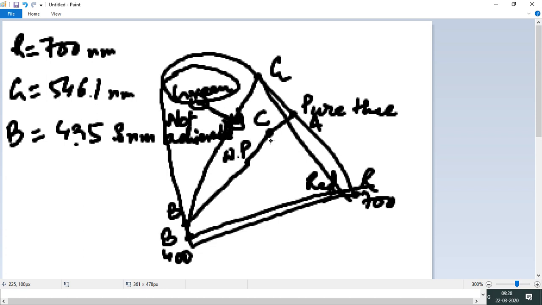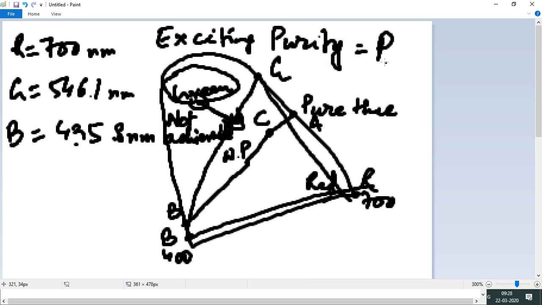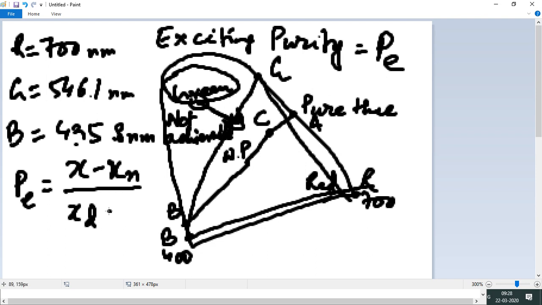This particular computation is known as excitation purity. Excitation purity is denoted by PE, P subscript E. So PE is given by x minus xn divided by xd minus xn, and similarly for the y coordinate, y minus yn divided by yd minus yn.